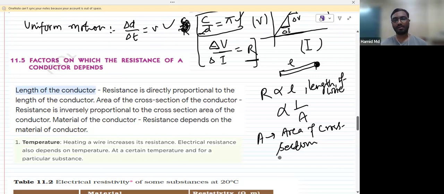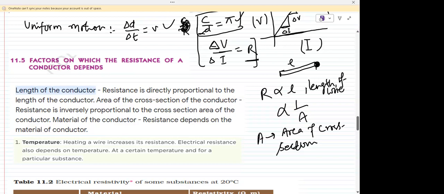Madhiya or Jaslin? What is area of cross section? Vidwan, what is area of cross section?